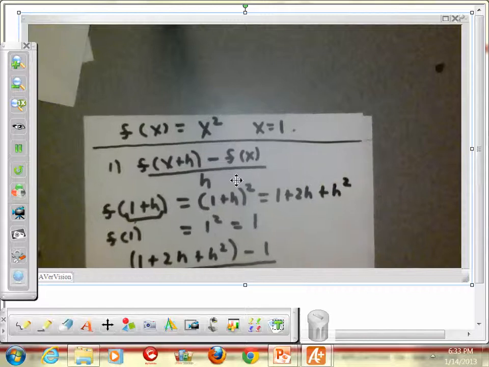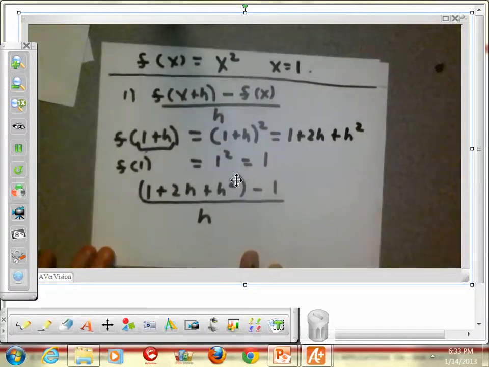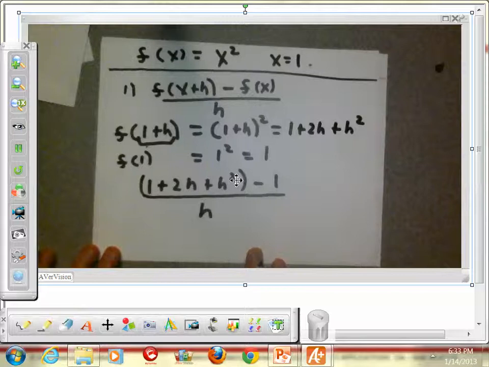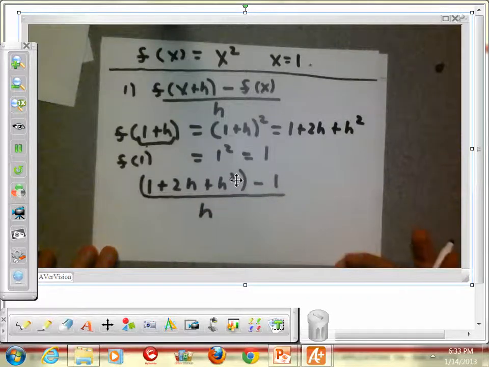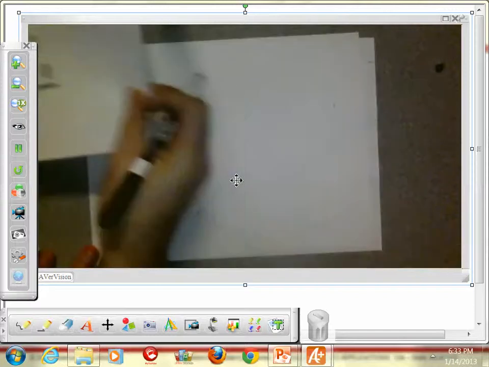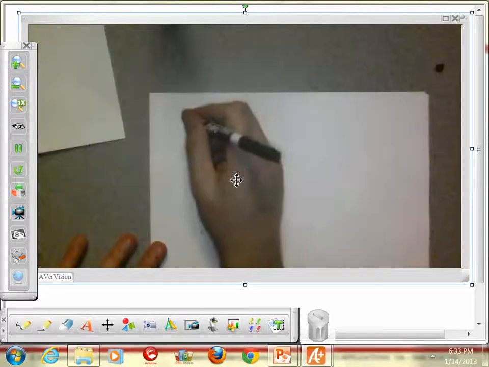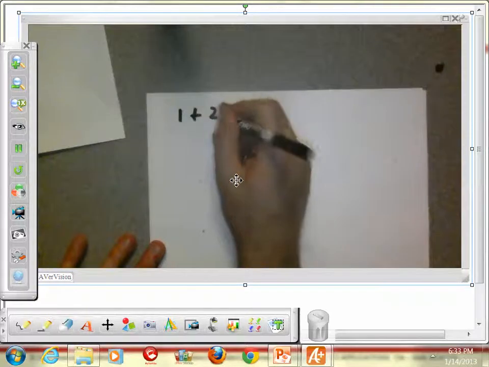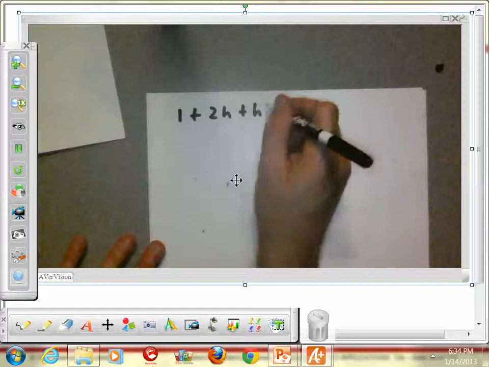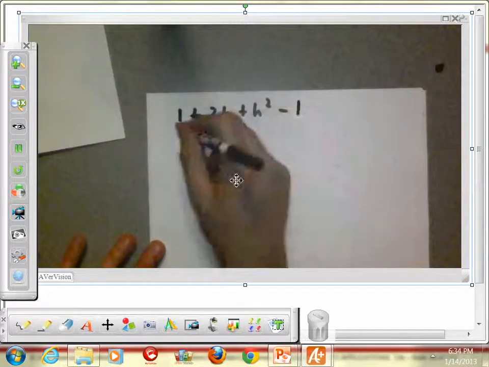Okay? And the parentheses aren't doing anything here. I'm not distributing anything across. There's nothing in front of the parentheses, so I can just remove them. So this is just going to be 1 plus 2h plus h squared minus 1, divided by h.